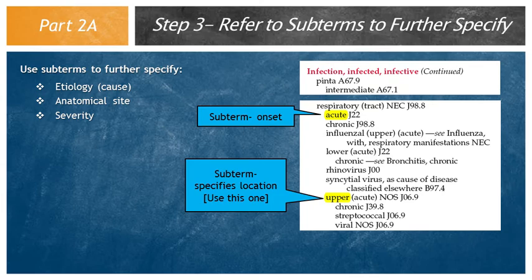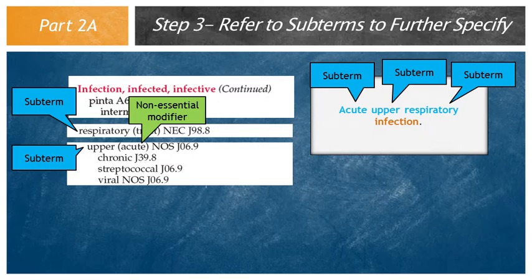So which subterm should you use? The trick here is to use a subterm to further specify the etiology, anatomical site, or severity of the condition. The subterm upper specifies the location of the infection within the respiratory system, so it is the better choice. There are additional subterms under upper to further specify the onset, acute, chronic, and the etiology, streptococcal, viral, of the respiratory infection.